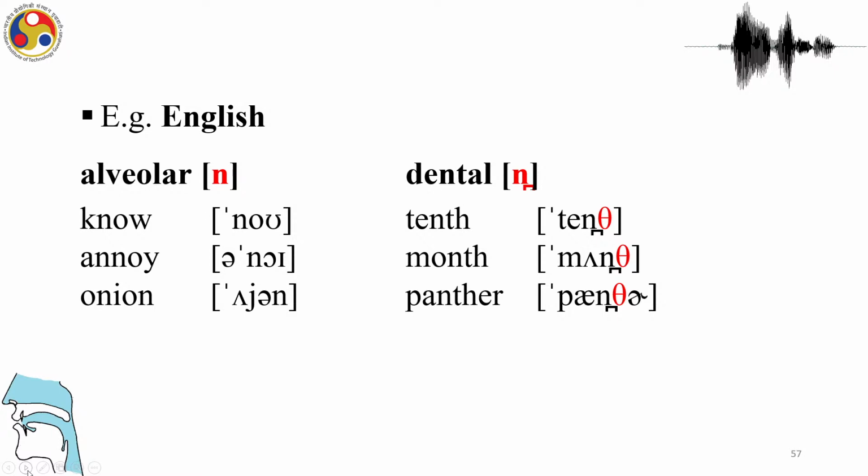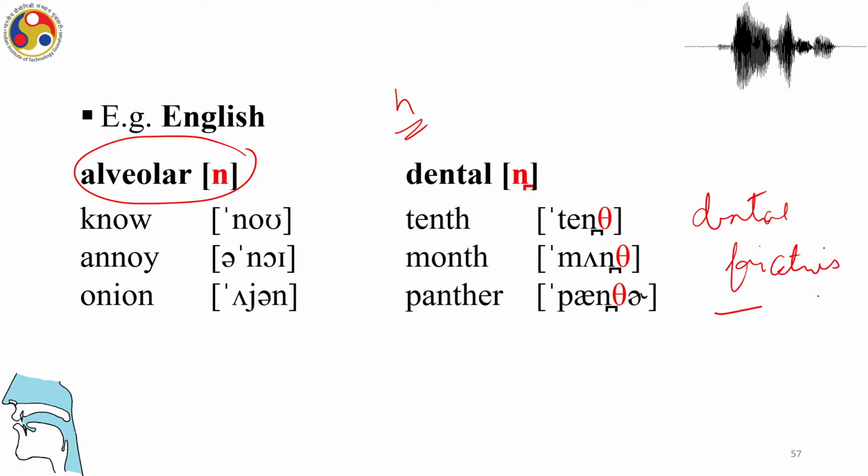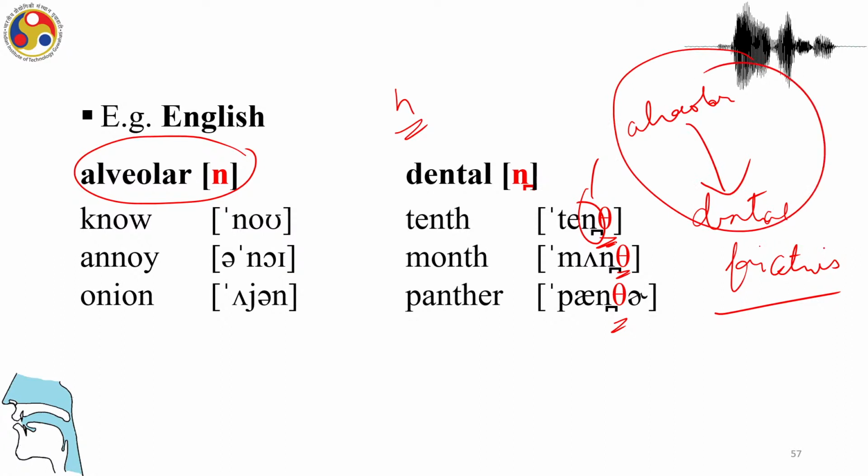English also only has alveolar n, right? However, it can become dental because English also has dental fricatives. If there's a dental fricative, what is actually alveolar will become dental. Now, that is what phonetics does.